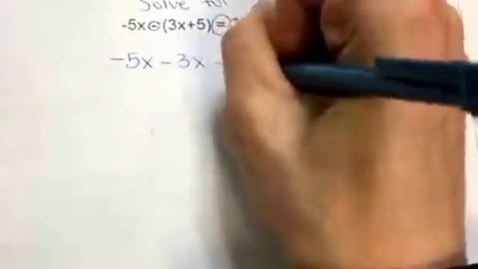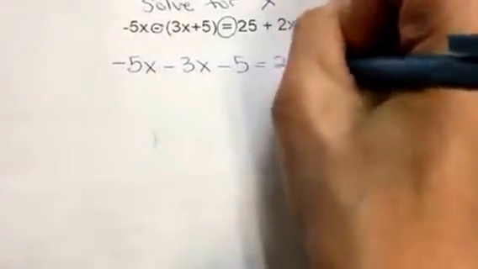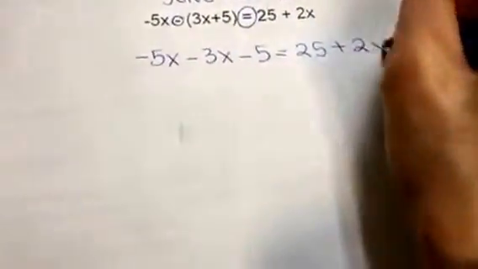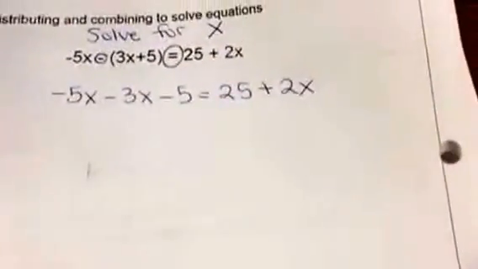So again, I can see this is actually the same exact part of the expression that I had on the other side. So I'm going to go ahead and distribute this negative. So I have negative 5x minus 3x minus 5 equals 25 plus 2x. Okay, it's in its simplest form here. I don't need to distribute anything else.